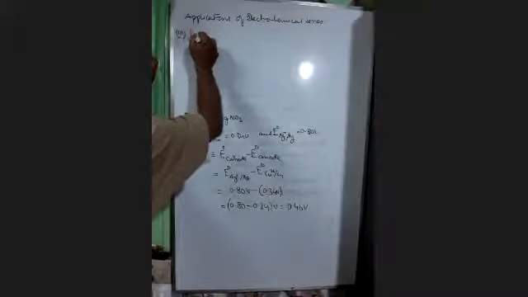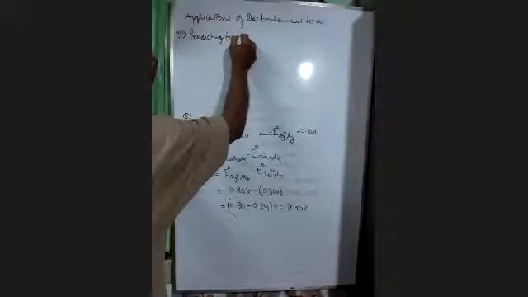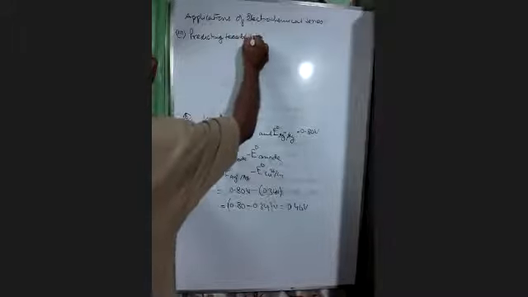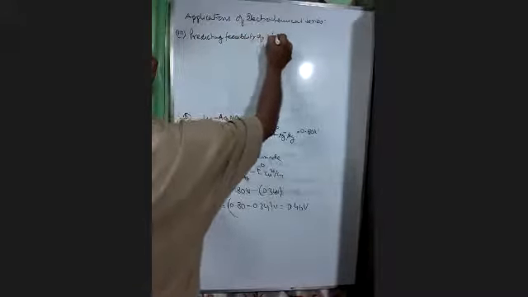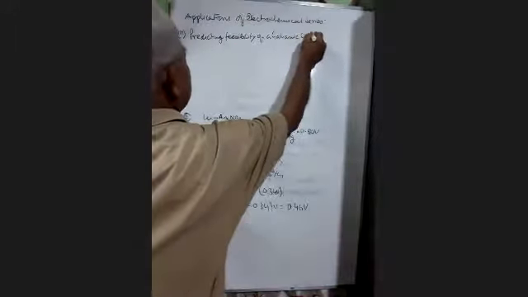Third, predicting the feasibility of a galvanic cell. Suppose you have no idea. You thought, let this be anode and the other will be cathode.